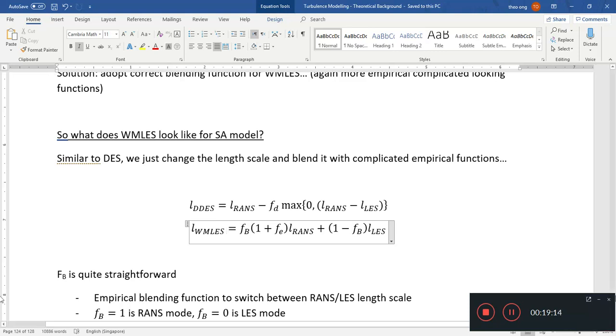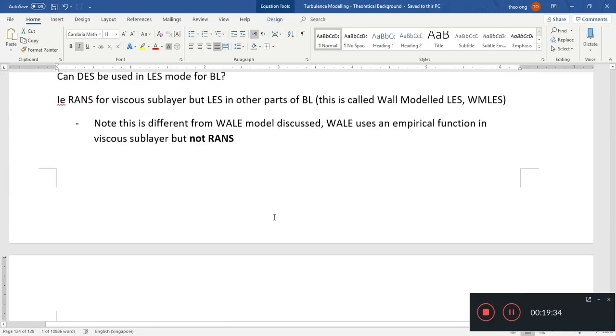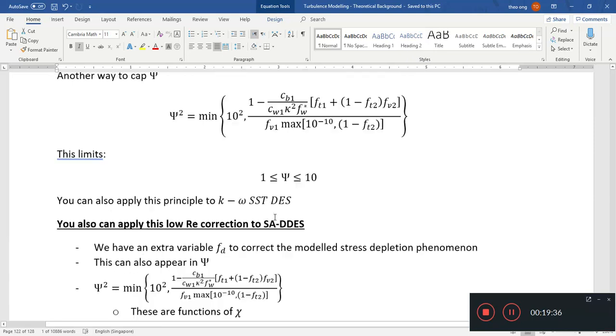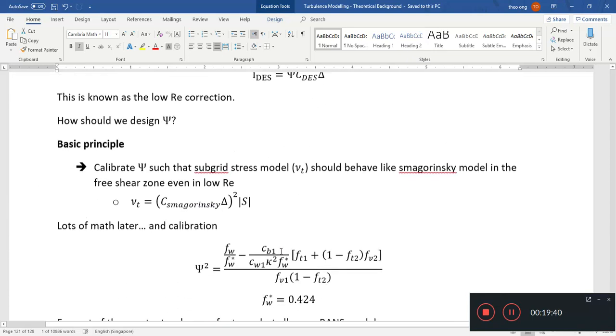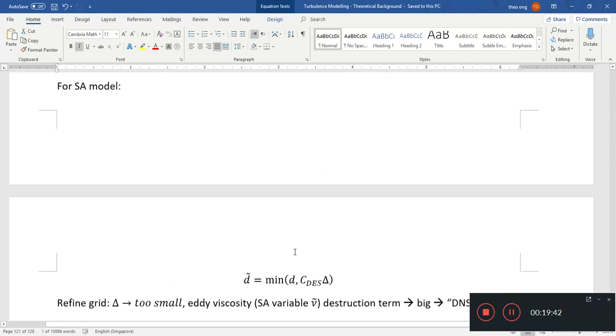Okay. So if you recall, the length scale for DDES is as such: the length scale for DDES equals L RANS, the Reynolds average Navier-Stokes length scale, minus FD. We discussed what FD was in the last few videos. It's somewhere here. I don't want to go through that again. But these are again blending functions, right?